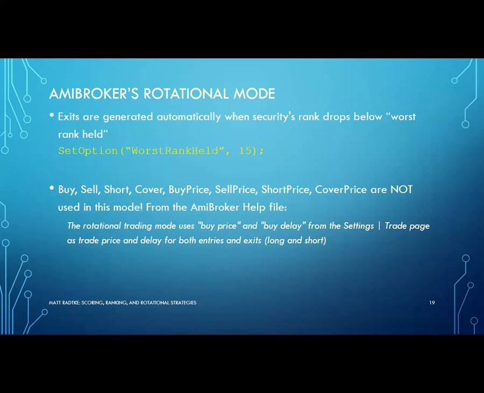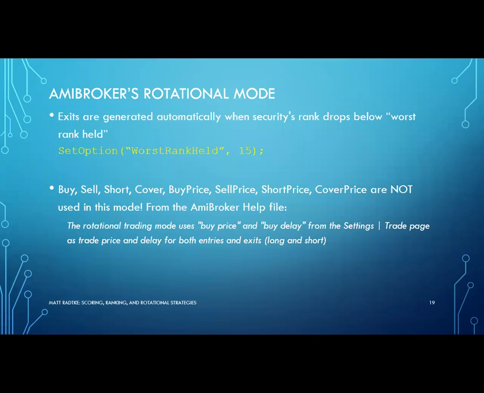So even within the AmiBroker documentation, Tomasz says your entries will be controlled by your position score. By the way, the ranking of the position score is what can kick you out of the rotation. So if you specify worst rank held as 5, that means that to get into the rotation, you have to be in the top 5.